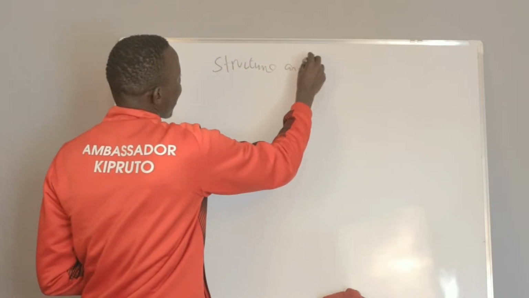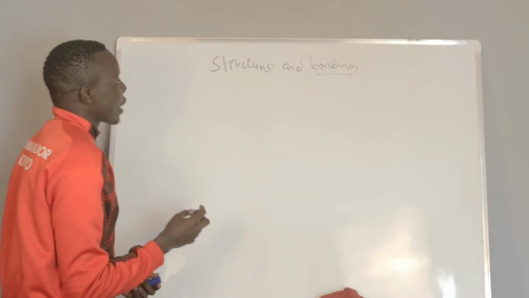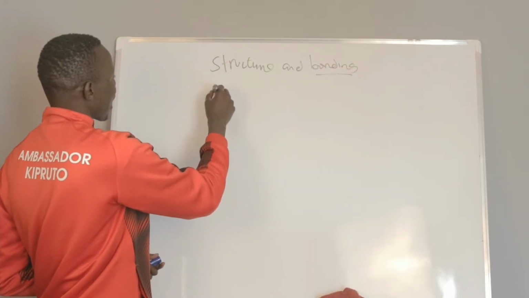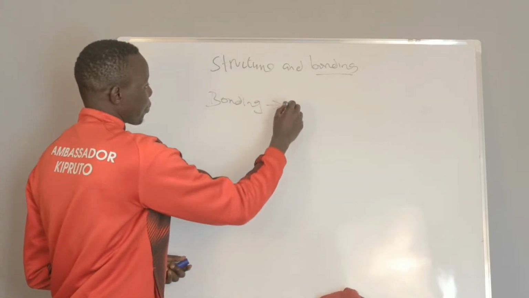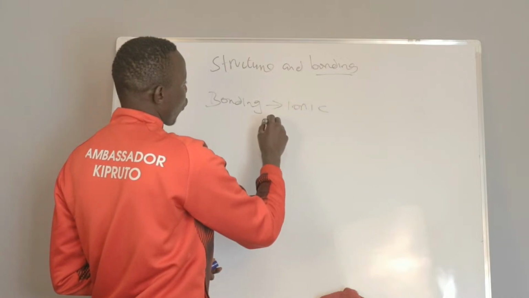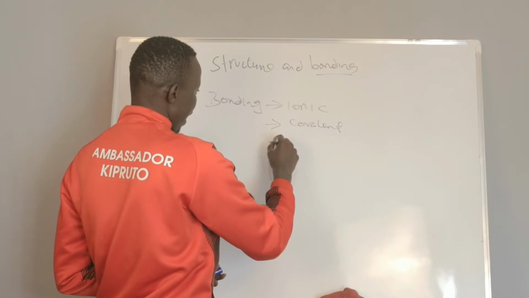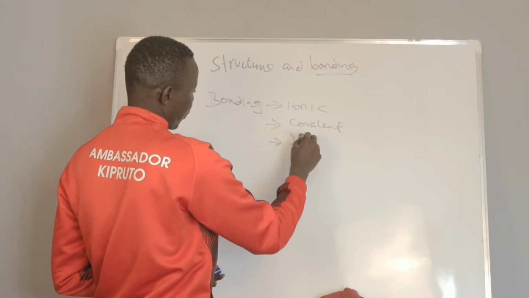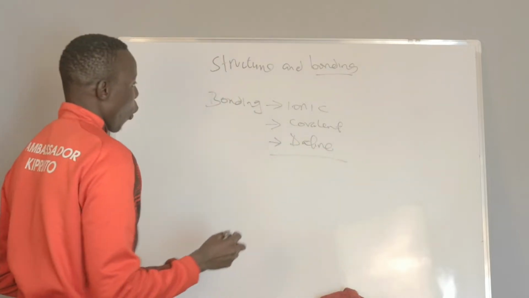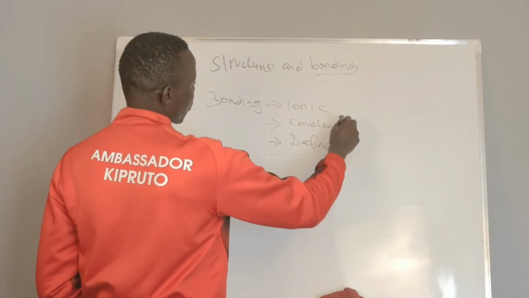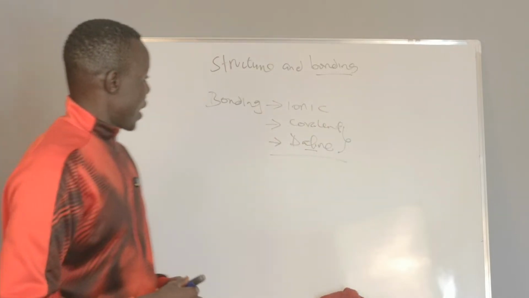Concerning bonding, we've talked about the ionic bond, the covalent bond, and also the dative bond. Remember these are cousins. I told you the dative bond is a special type of covalent.